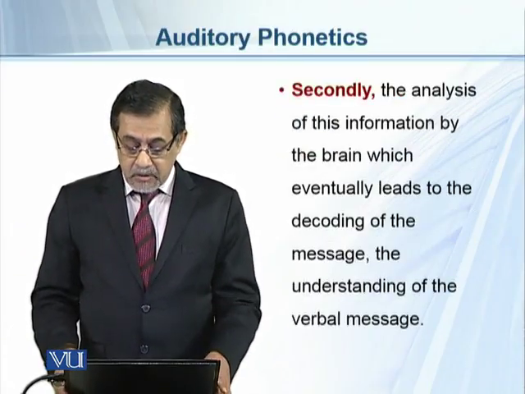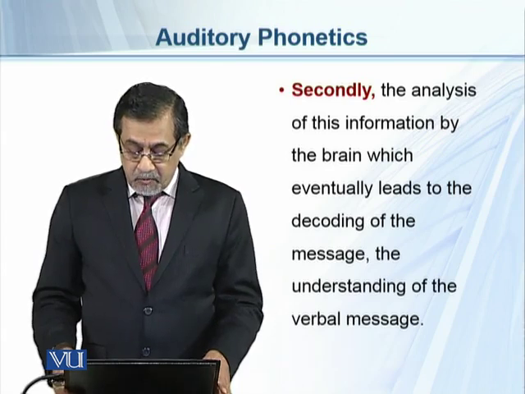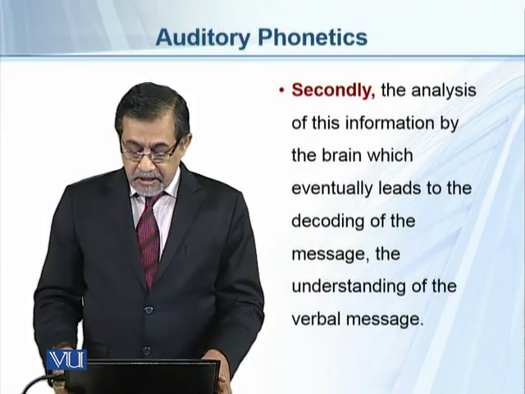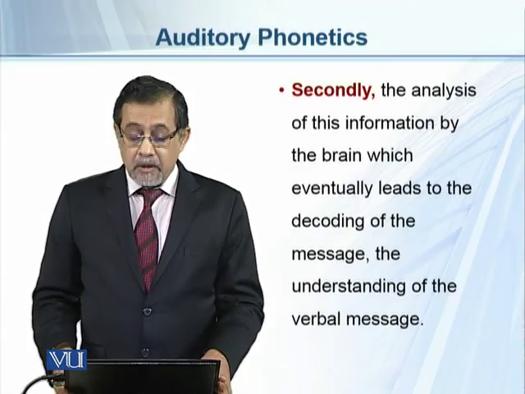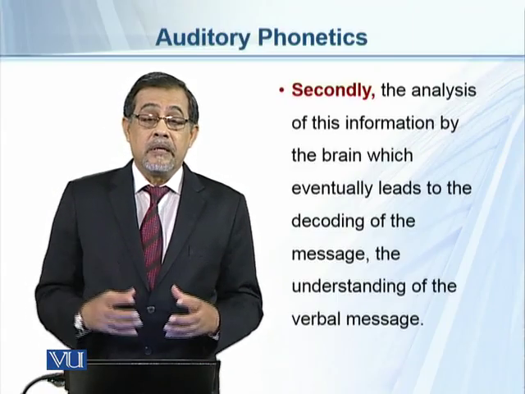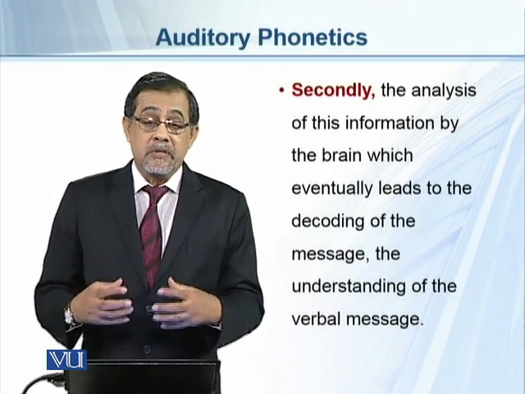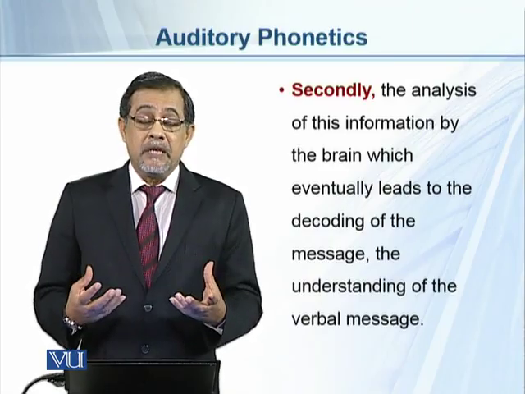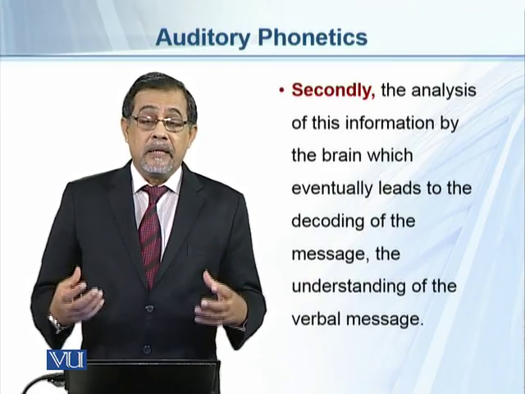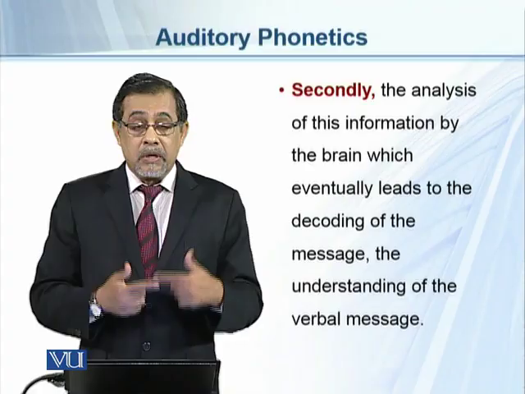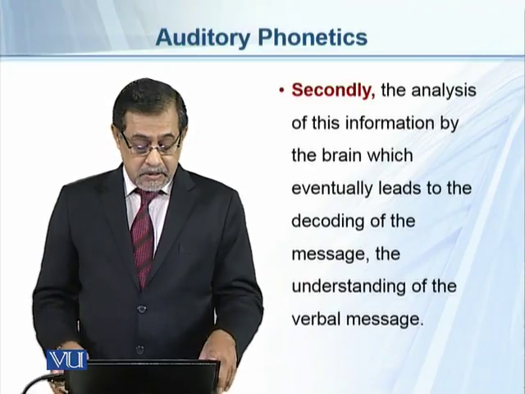Secondly, the analysis of this information by the brain, which eventually leads to the decoding of the message, the understanding of the verbal message. So obviously, the gray matter decodes the message into a meaningful understanding, and then the whole communication takes place.